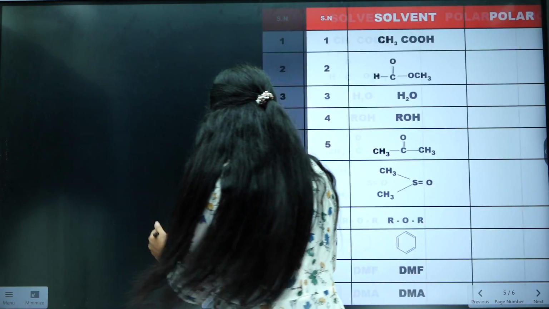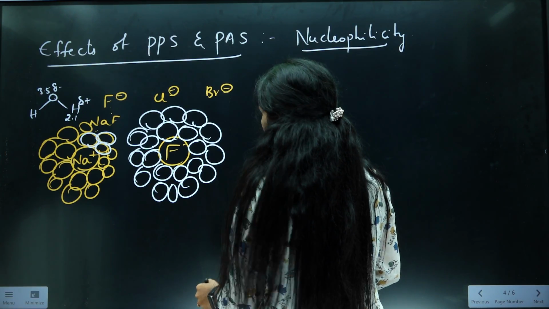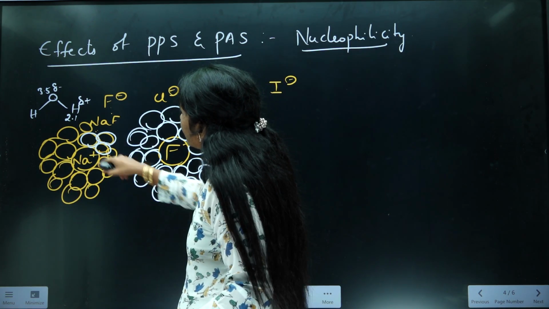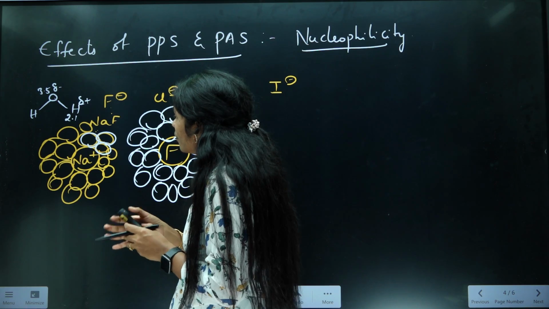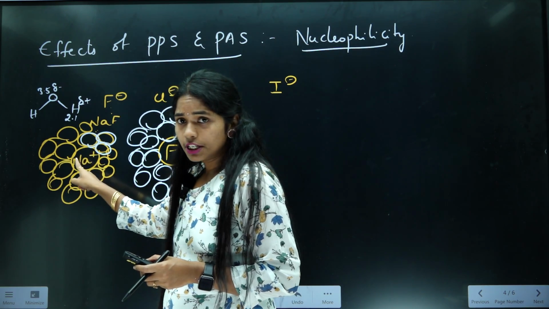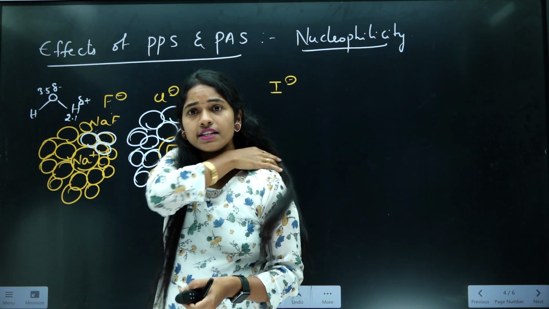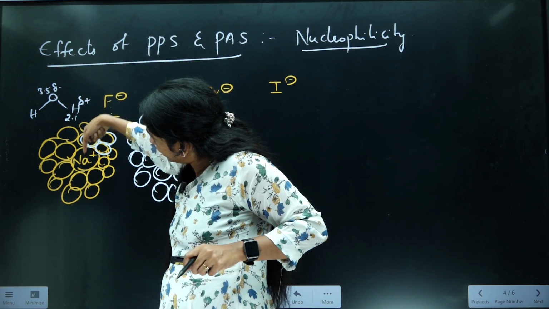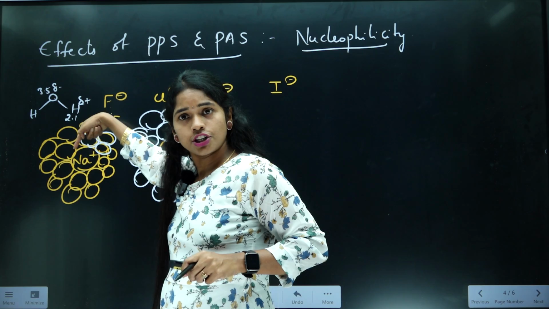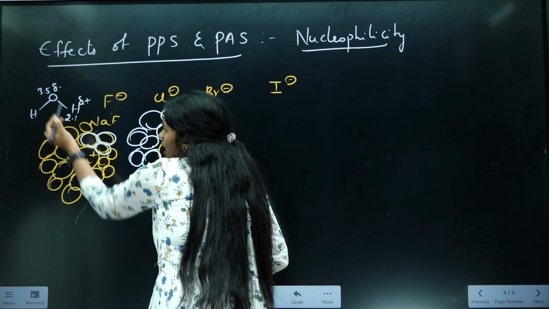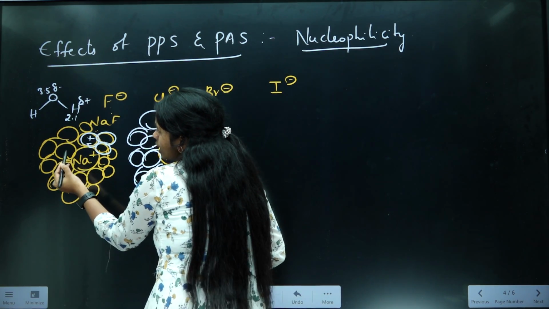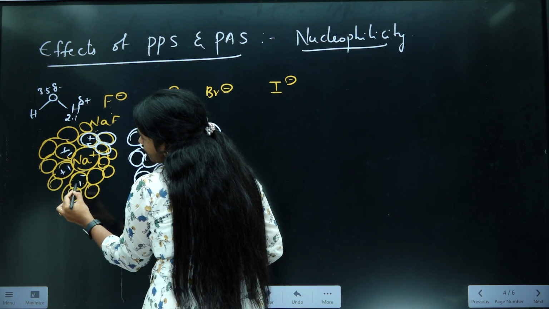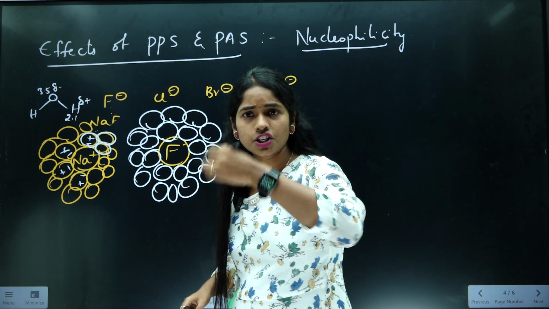Now, Na plus is a positive charge and the oxygen of water is a negative charge. This negative charge comes and hydrates the Na plus, so the negative end comes this side and the positive end goes away, like that full hydration happens.